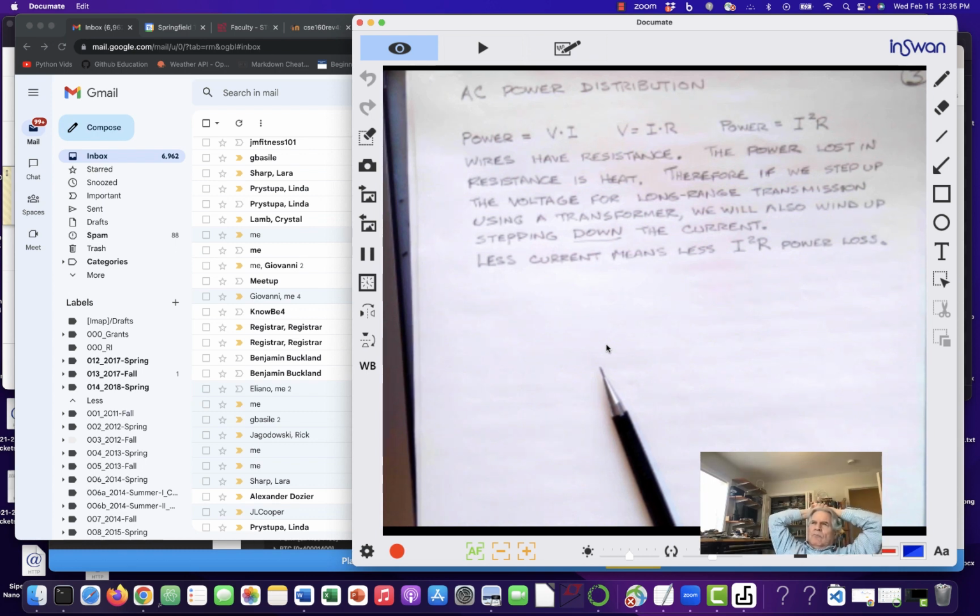By stepping up the voltage and stepping down the current, and since power loss comes from the square of the current times the resistance, every time you step up the voltage and reduce the current, you're reducing the power loss by the square of the current. So it's a great effect.